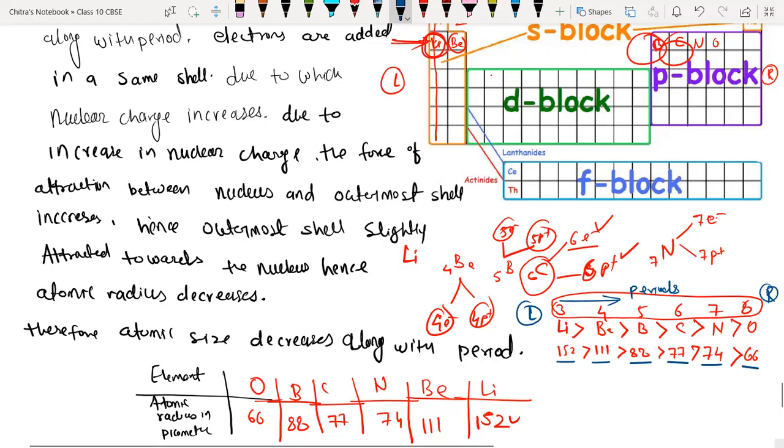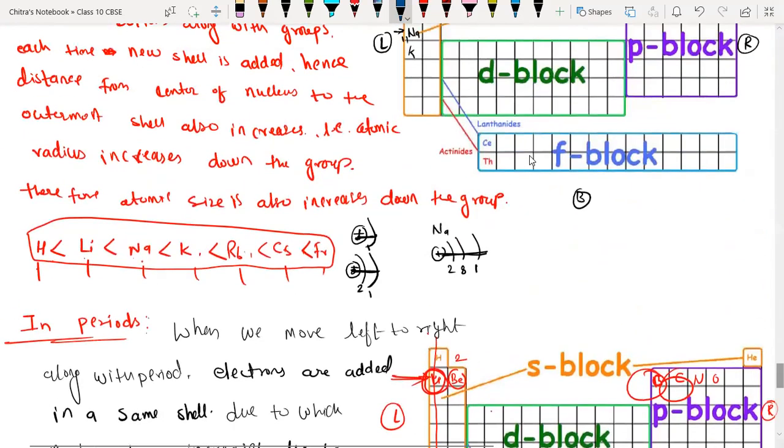Now we can discuss groups also. I'm writing a few elements for a group. First we have lithium, with atomic radius 152.